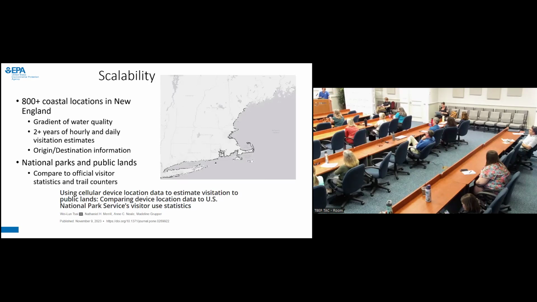Another effort was looking at using this data in national parks and other public lands, and there's a paper there. Basically, these locations, national parks, a lot of times have standard visitor counts if there's an entry fee, right? Or if there is some kind of gatekeeping mechanism.